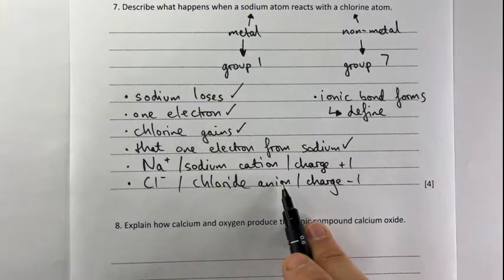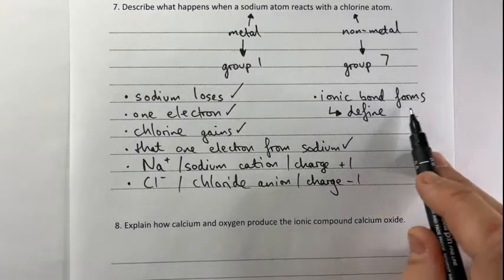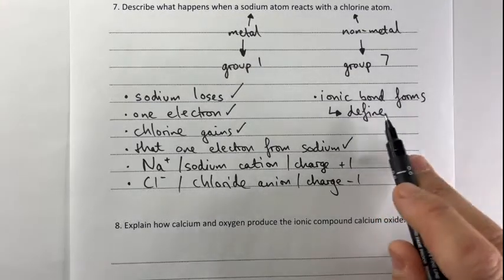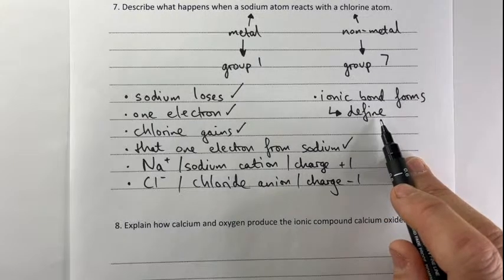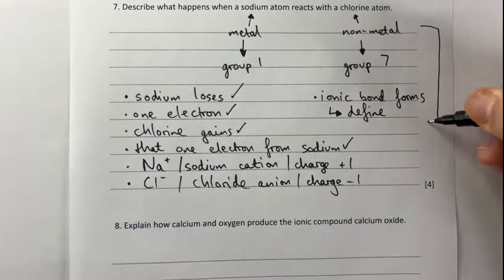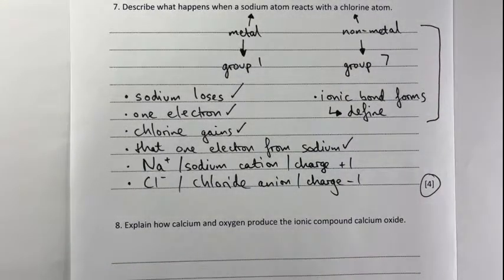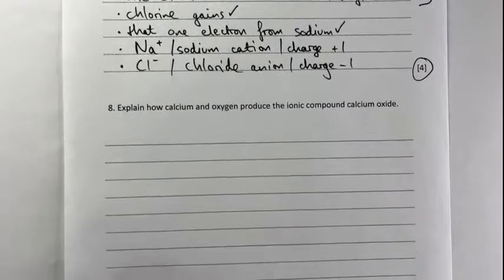A chloride anion is formed with a charge of -1. An ionic bond forms between the ions, which is the electrostatic force of attraction between oppositely charged ions. You're only using about that much space. And then you've got your 4 marks, which is, if you're doing combined, about what, 6% of the paper? Okay? If you're doing separate, a little bit less.